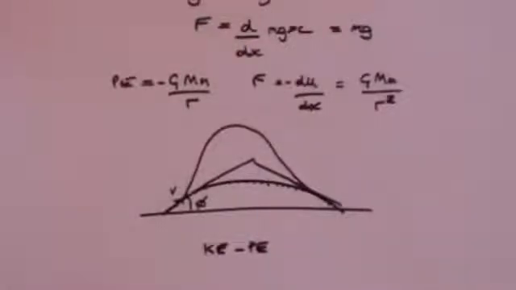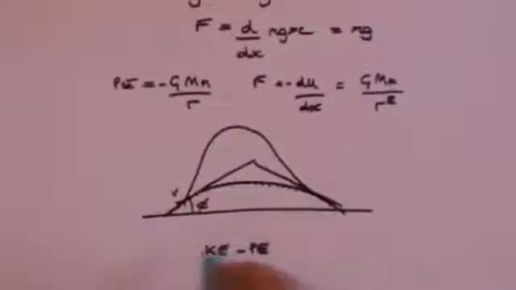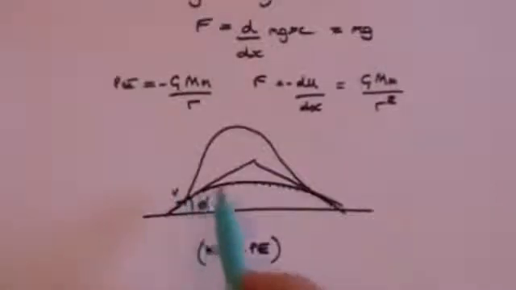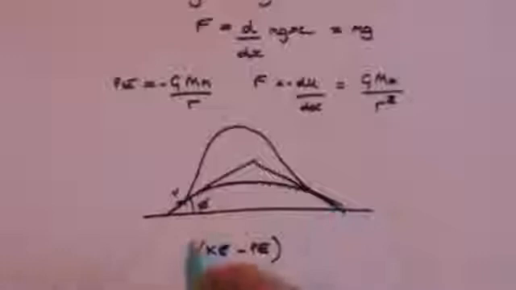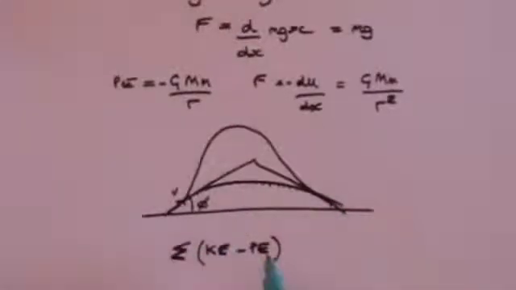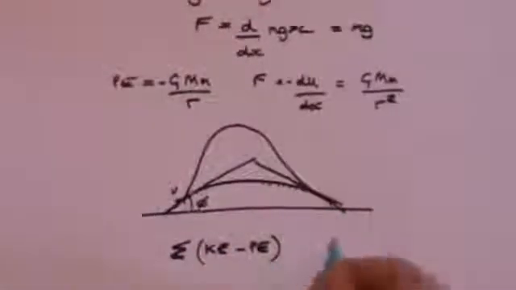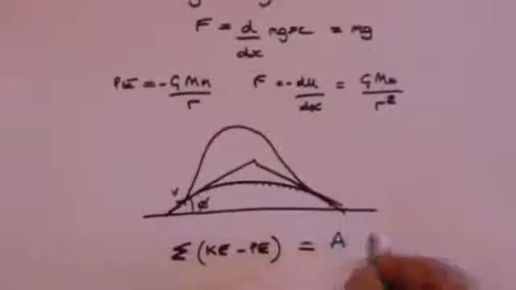But if you calculate the kinetic energy minus the potential energy at every point on the trajectory and then add them all up, that is what is called the action.